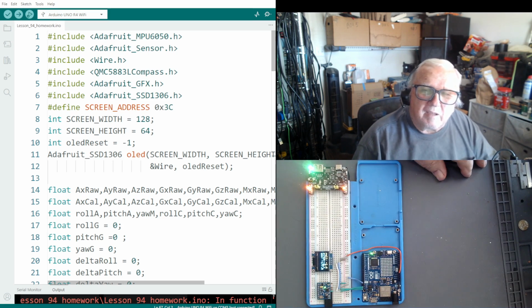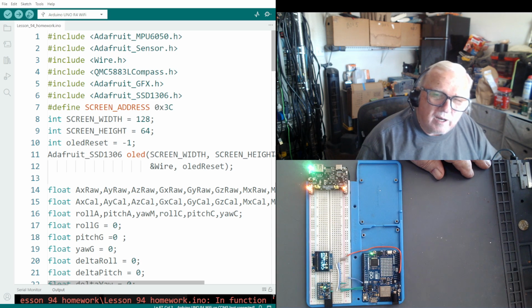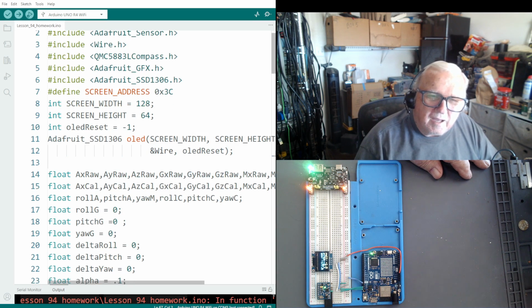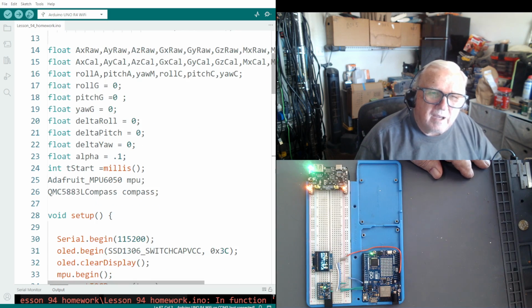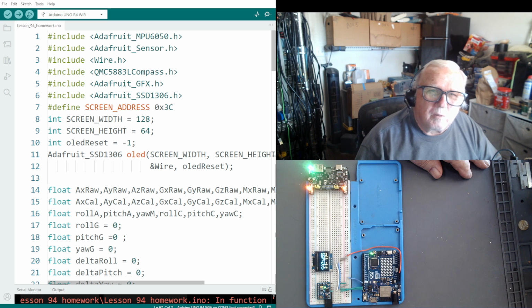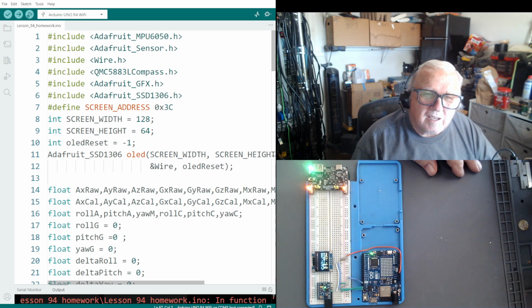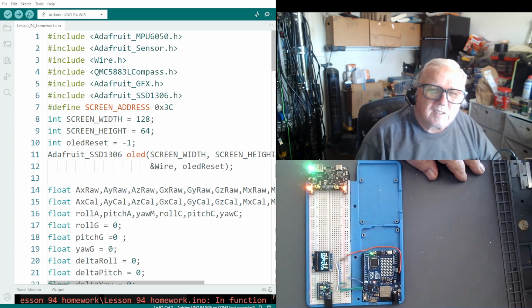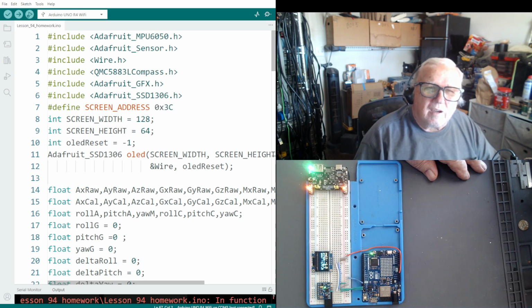Up to now, we had a way to calibrate the GY-87 in nine axes, and he asked us to go away and see if we could put this on the SSD1306 OLED display.